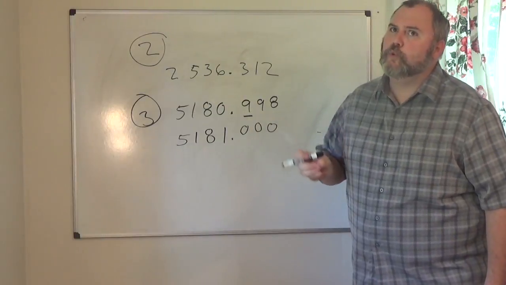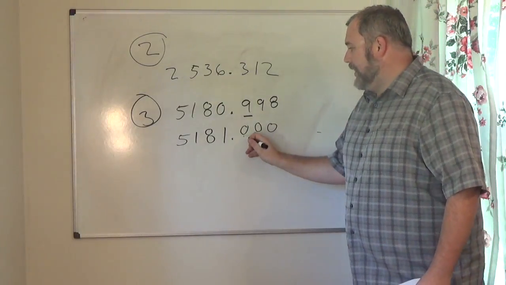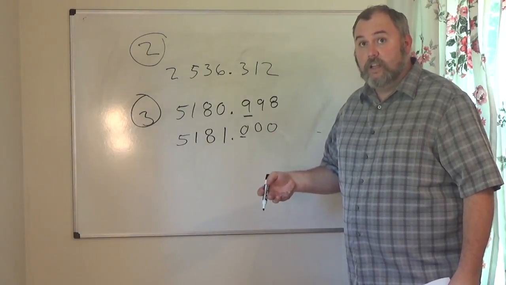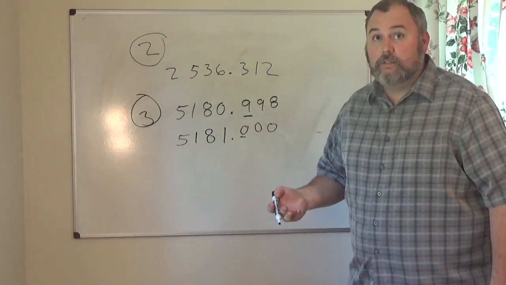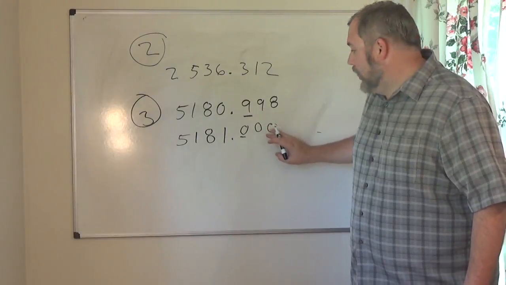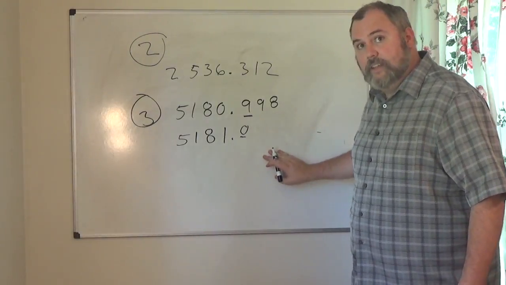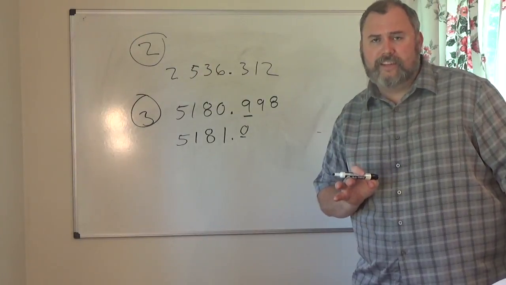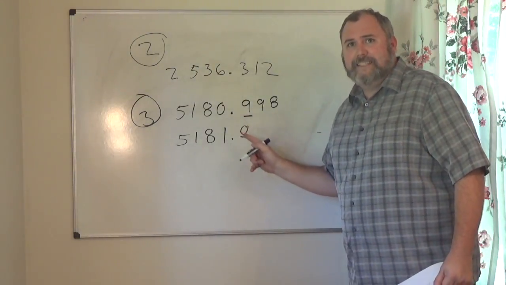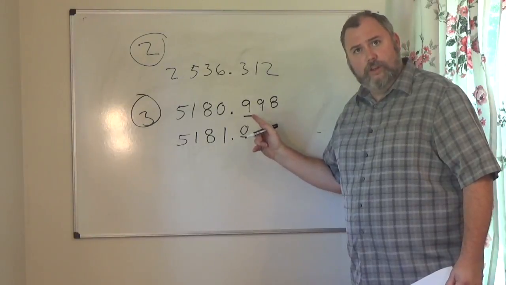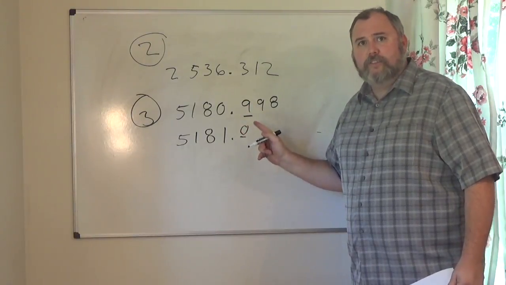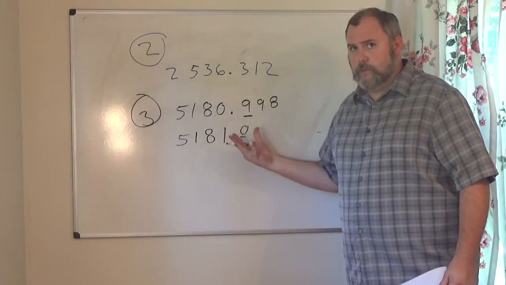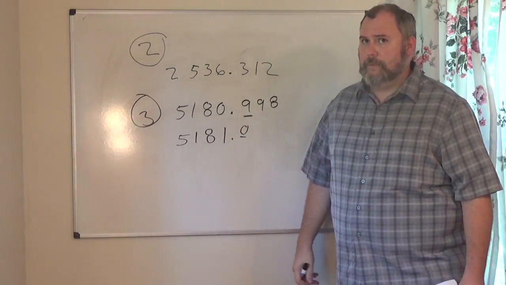However, I told you to round to the tenth. That means that this 10th position is important. It's not a trailing 0. So what only gets dropped in this case is this. So be very cautious on that when you come to the crossing sometimes, especially with 9. This is one of them that will kind of mess you up, so be very cautious on that. And again, like always, ask questions if you come across something like this and you don't understand what's happening.